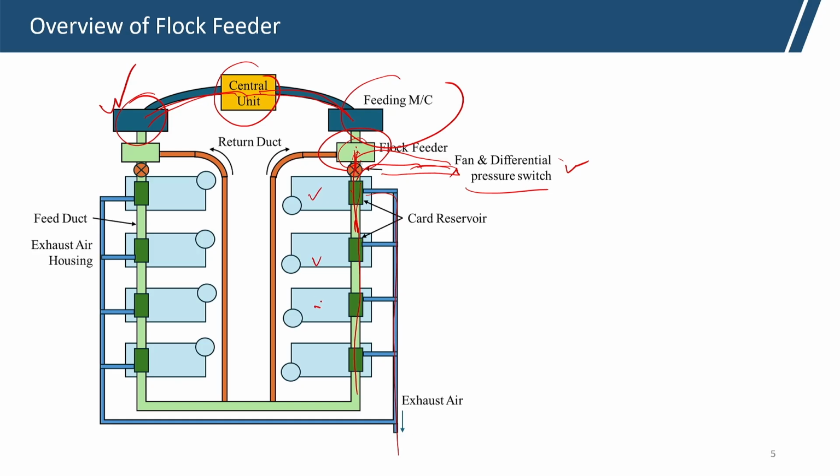These are the individual carding machines. In this line, this is the first card and this is the nth card. They should be fed uniformly. Similarly for the other direction. After feeding, the air should get circulated, and return air comes.